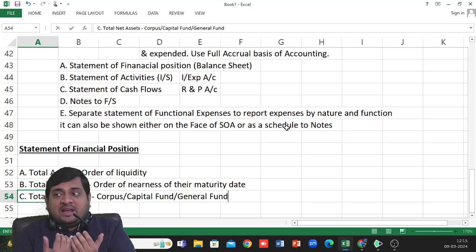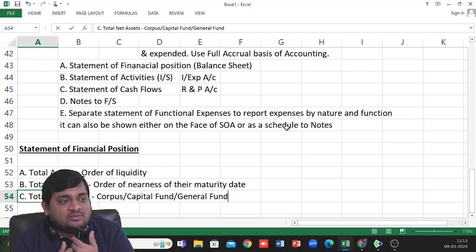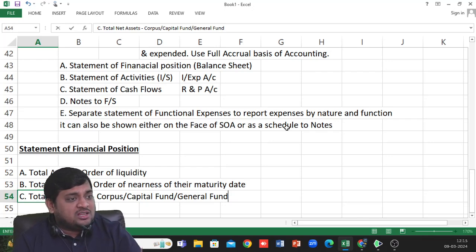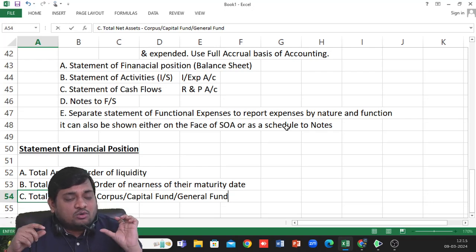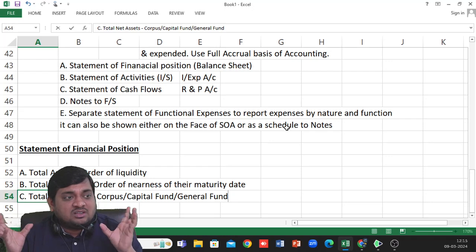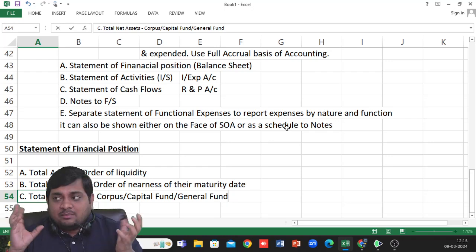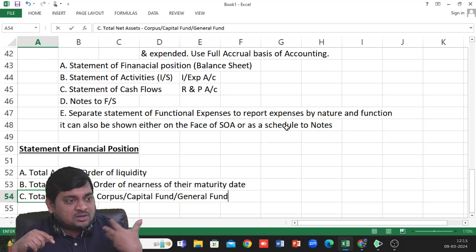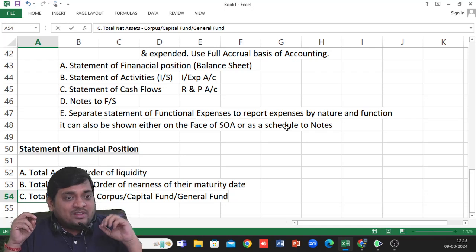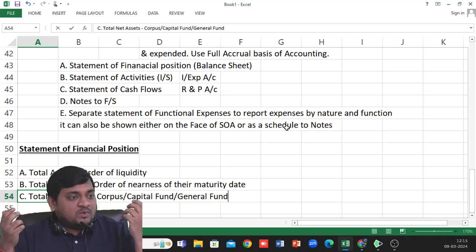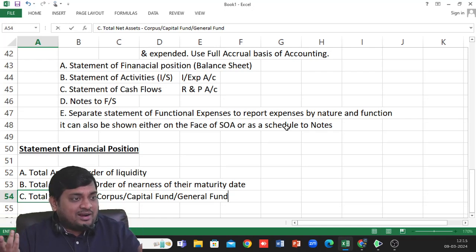Suppose a group of 10 persons come together and we think, okay, every month we will contribute 2,000 each. So each member will contribute 24,000 a year. So 10 members, 2,40,000 we have contributed. Now whatever money we have collected from all the members, we are going to feed some poor people on the street, or give some clothes to them, or educate their children, right?